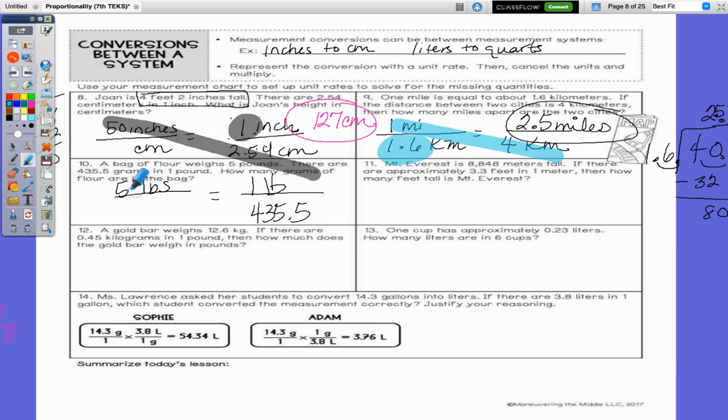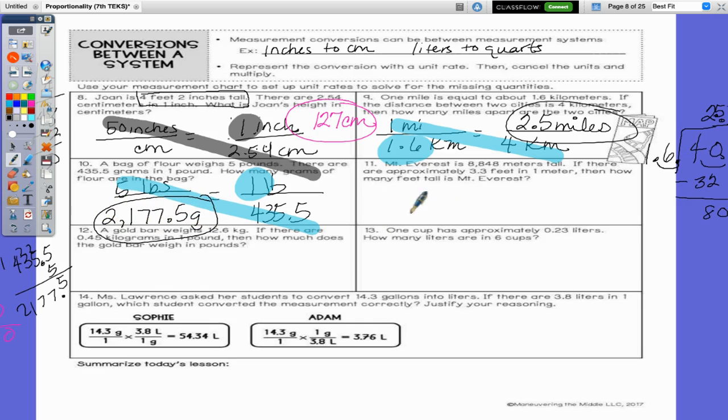You are going to cross multiply and divide. Off to the side, everyone is multiplying 435.5 times 5. That gives me a 5, carry my 2, 27, carry my 2, 17, carry my 1, 21. I have 1 decimal place, so 2,177.5 grams is my answer.